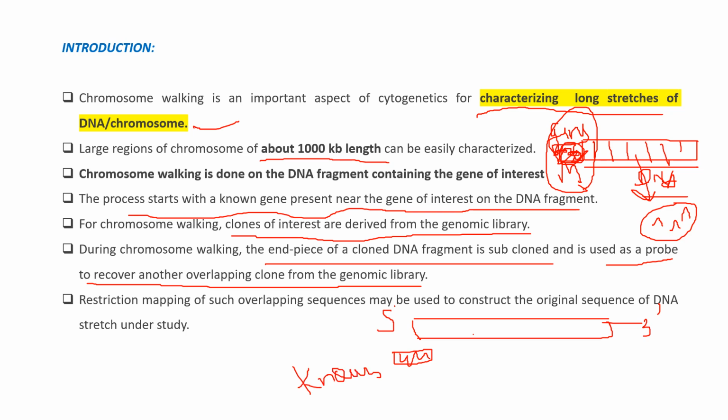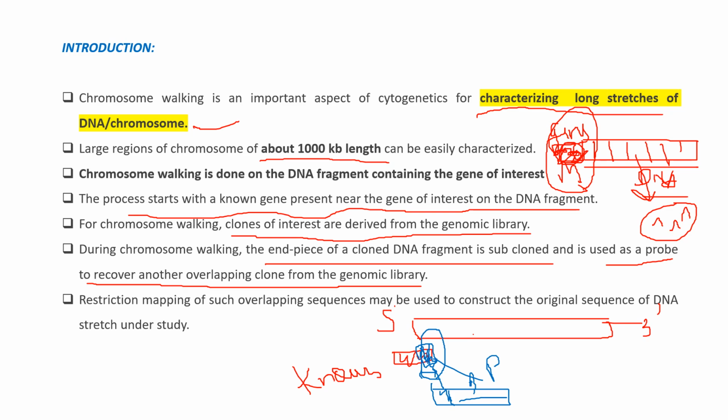So you will prepare a probe by subcloning one end of this known gene, and the probe will be made from a particular end of this gene. Now you will probe and you will identify, suppose, one fragment in the gene library. This probe will bind with this fragment region, and you will sequence the whole DNA fragment. Now you will know, suppose there is marker A, first of all marker A is coming at the 5 prime end.